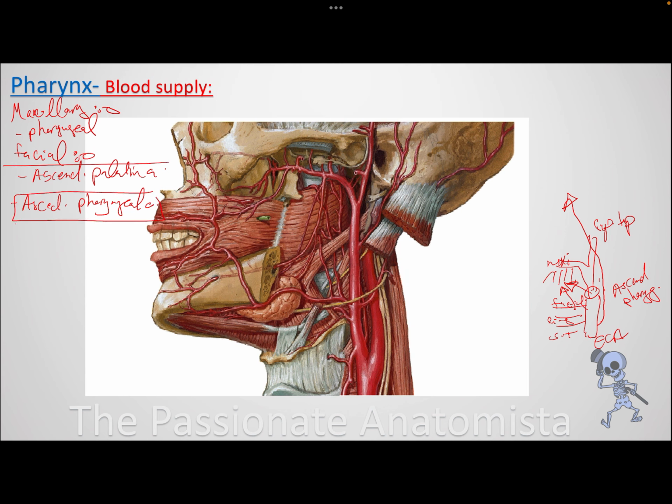So: ascending pharyngeal, ascending palatine, and pharyngeal branches of maxillary. From the external carotid, you have ascending pharyngeal; from the facial, the ascending palatine; and from the maxillary, you have branches as well.